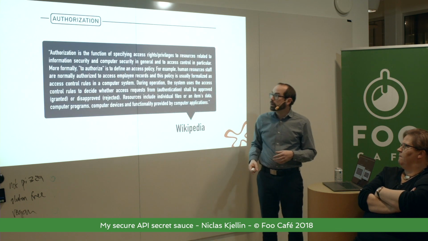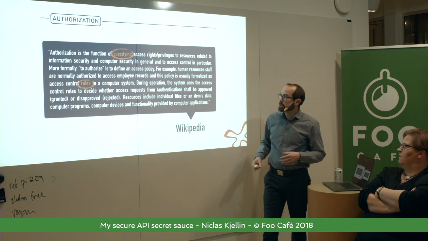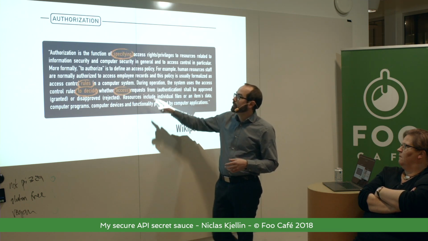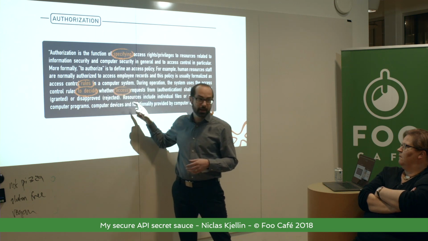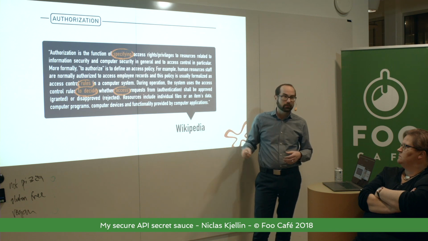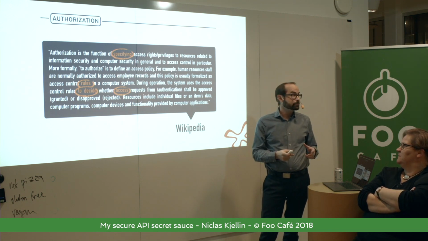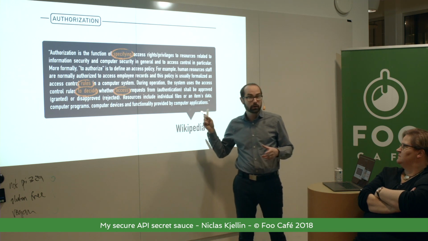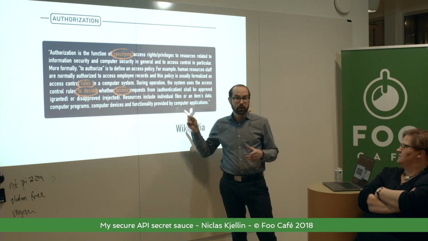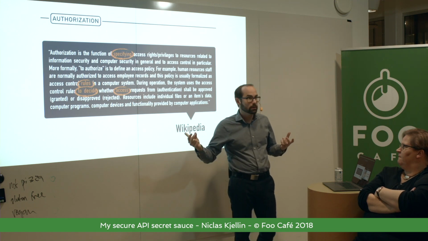And if we look at the other one, it says authorization, and again, a few words been highlighted here, specifying rules to decide access. I've been quite creative in selecting the words. So that's about what you can do. So there's nothing about who you are, it's only what you can do. So one of them will say, this is you, and another one will say, you can do this.